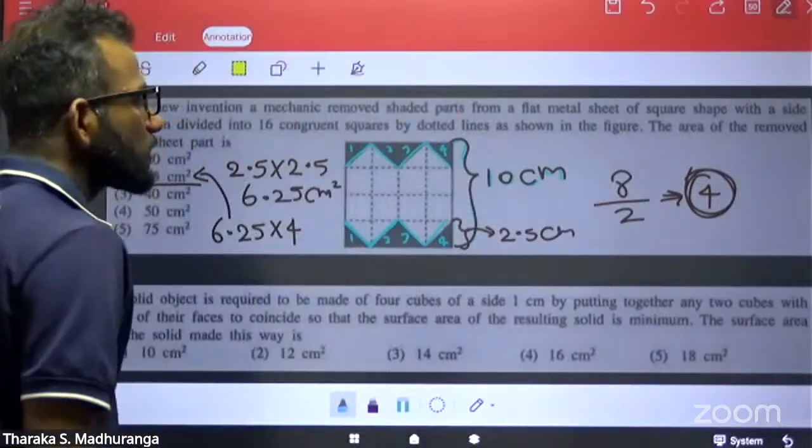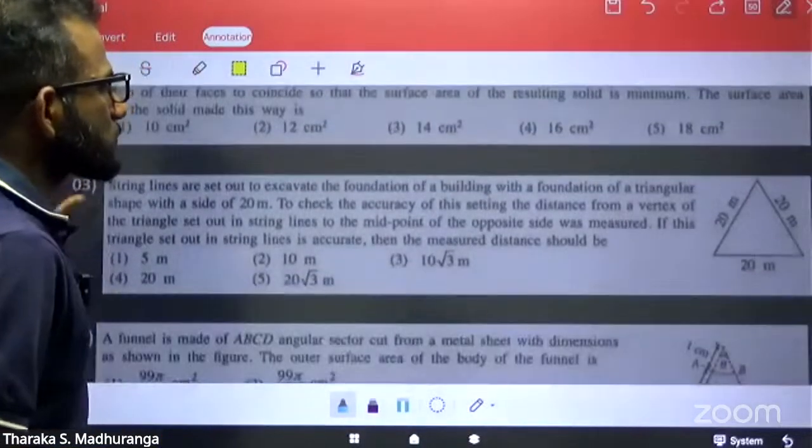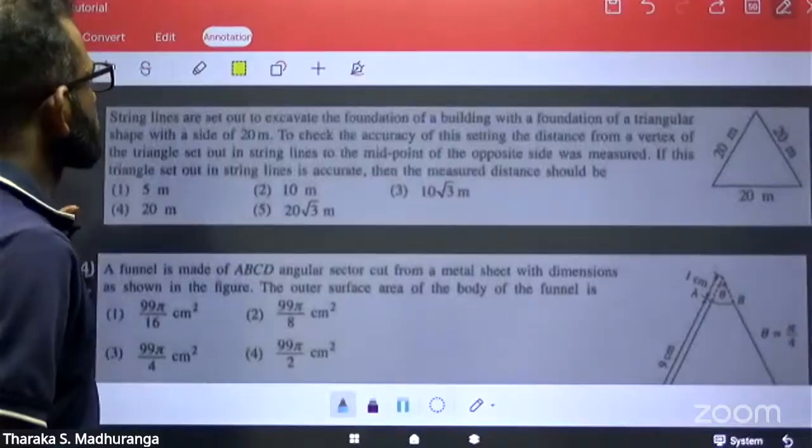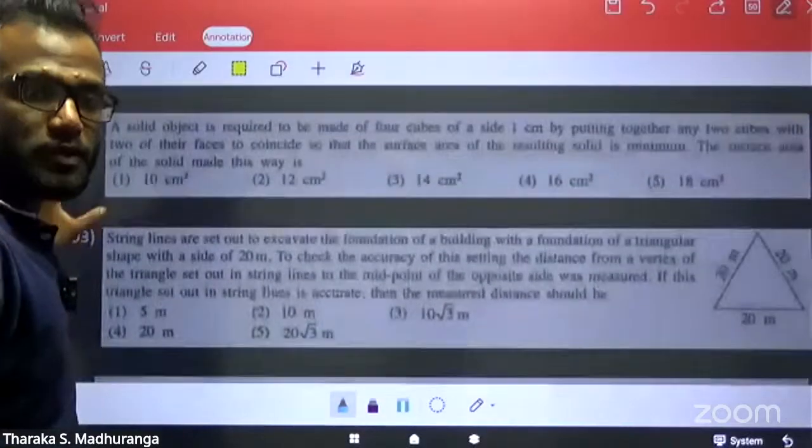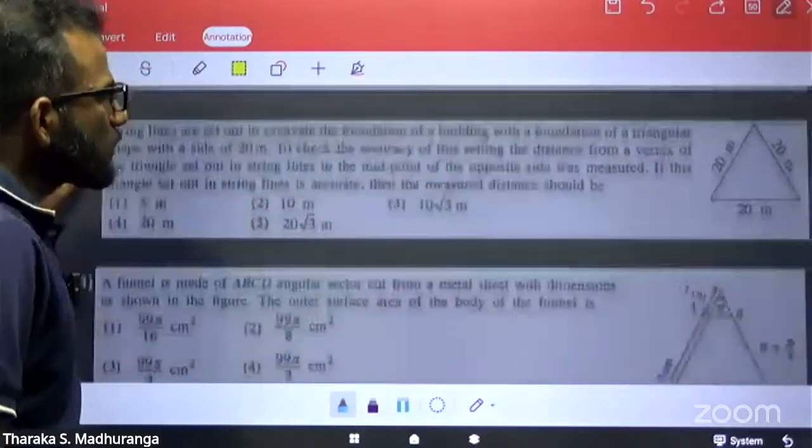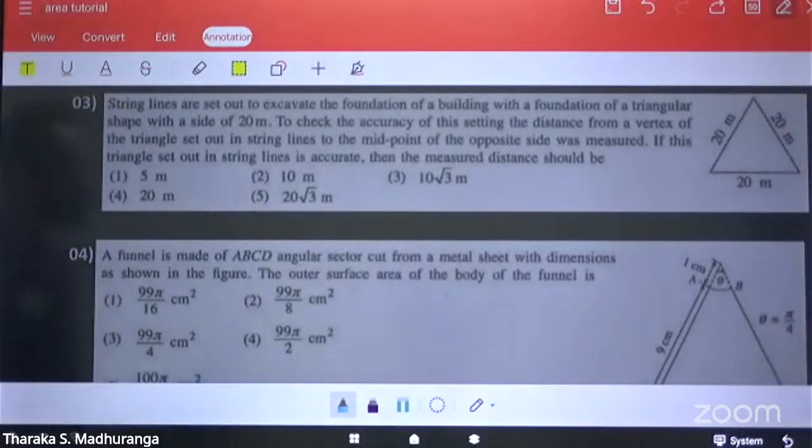Okay, your second problem. Second question. Okay, third question from 3D object that we don't need. Let's try to do the third question.